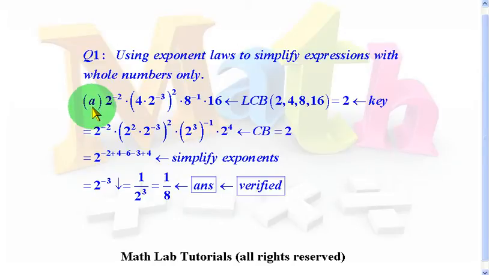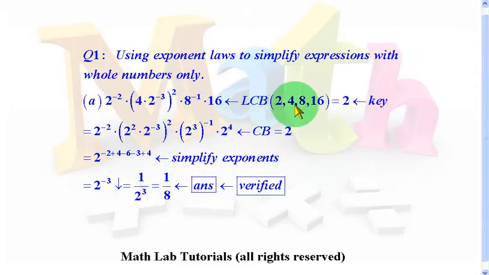Let's look at Q1A. When we look at this expression carefully, we'll notice a dot there, dots everywhere. So this constitutes one cluster, a single cluster. And also, if we look carefully, we'll notice the bases are 2, 4, 8, and 16.